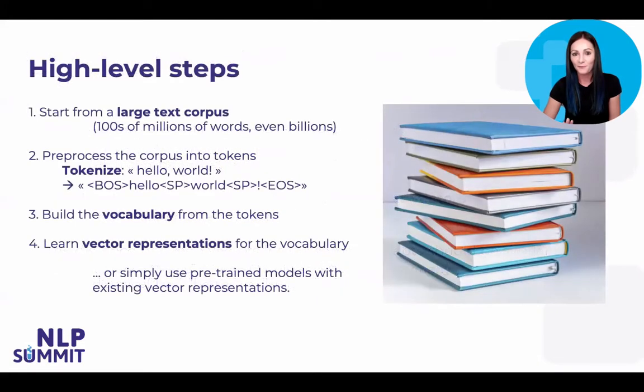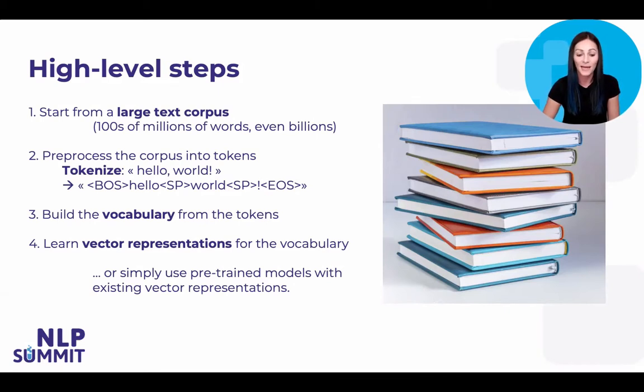So the high-level steps in starting with building NLP models, you really start from a large text corpus. And that could be hundreds of millions of words, sometimes even billions. So many of the famous and popular models are trained, for example, on Wikipedia or corpus of book collections. Then you pre-process the corpus into tokens.